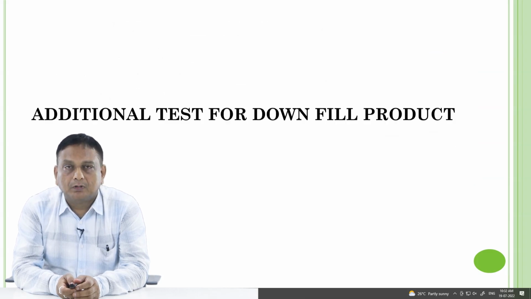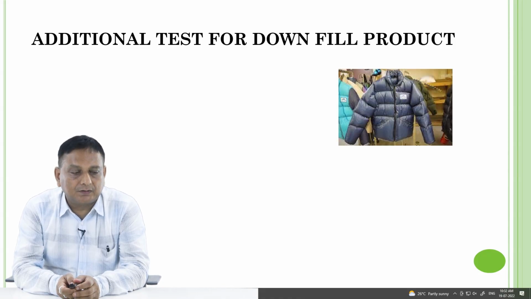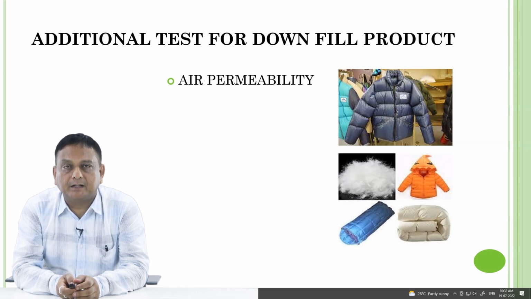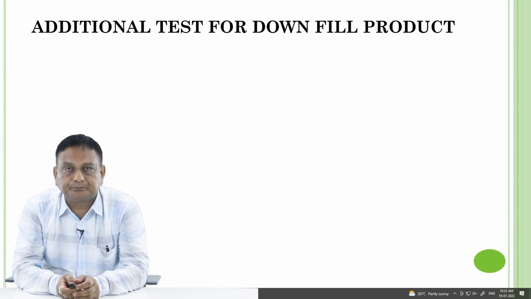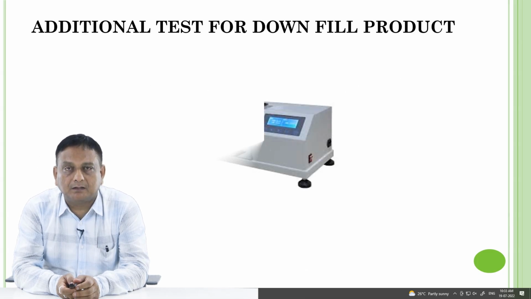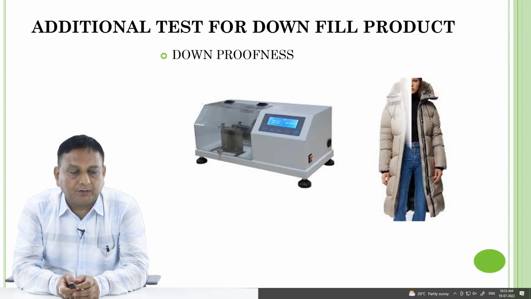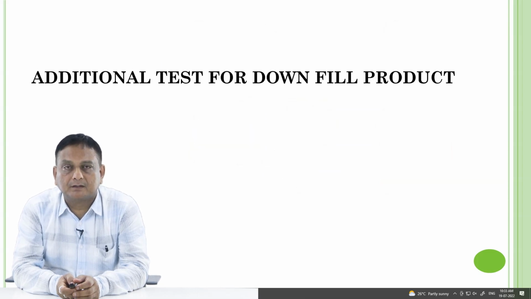And now let us see the additional tests for downfill products, how these downfill products are judged. You see the different downfill products are there, air permeability is judged there, and also you can see that different other properties are judged through a downproofness tester. So that particular property is also judged through this downproofness.